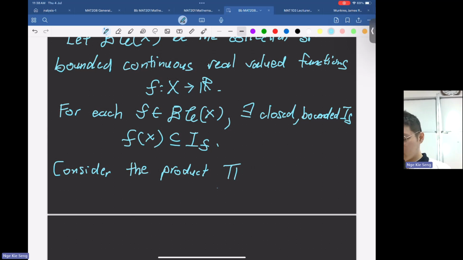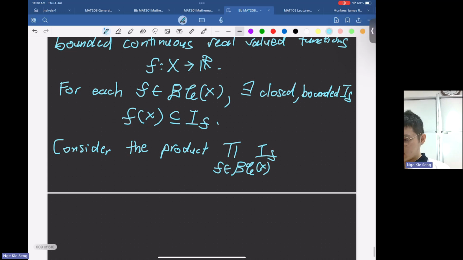Okay? So it's an arbitrary product of I_f for every f in this bounded continuous space here. This product here is in turn living in what space?